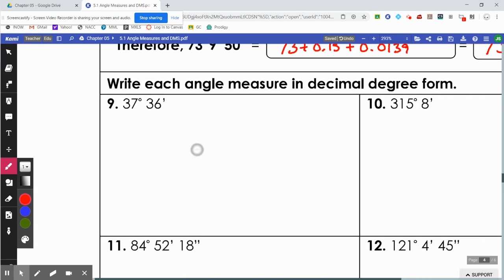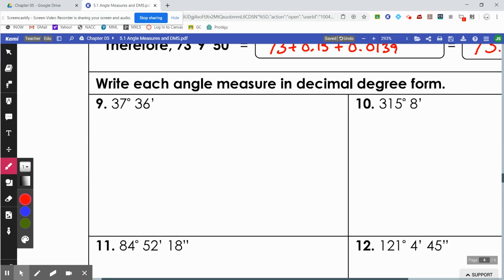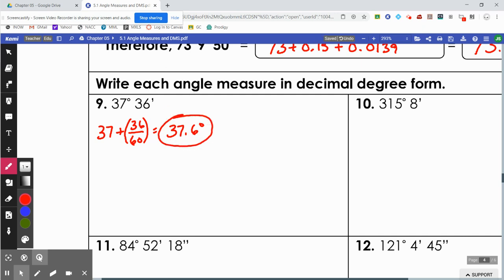Now let me show you how you can just type this straight into your calculator. You have 37 full degrees plus you have 36 minutes, which is 36/60ths of another degree. You can simply type this straight into your calculator instead of having to change it to decimals and then do each step separately, and just hit enter and it's going to give you the answer, which is 37.6 degrees.